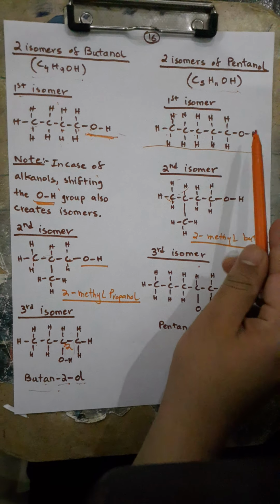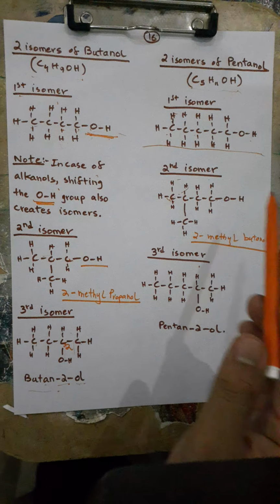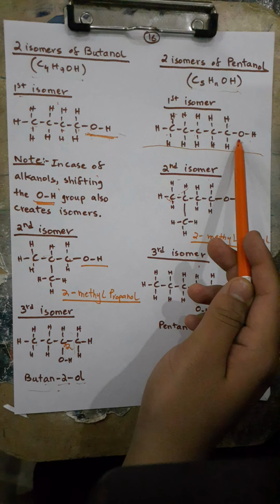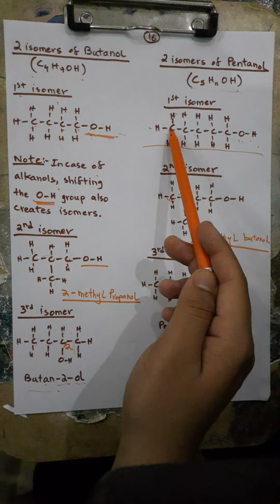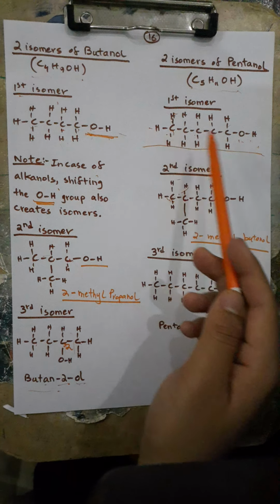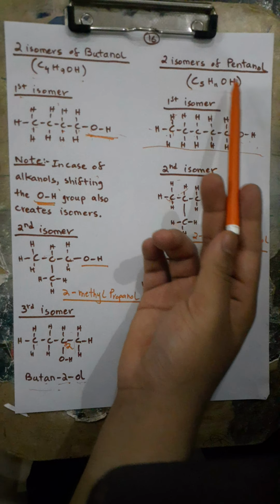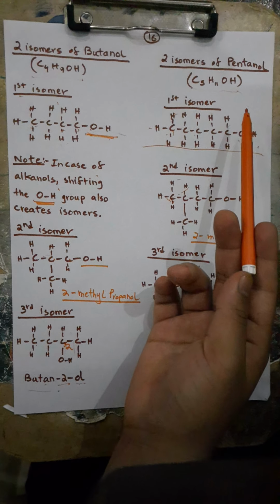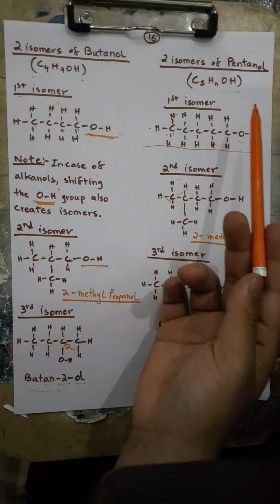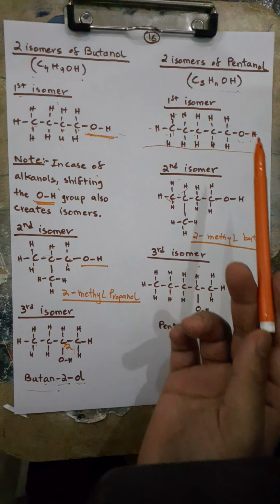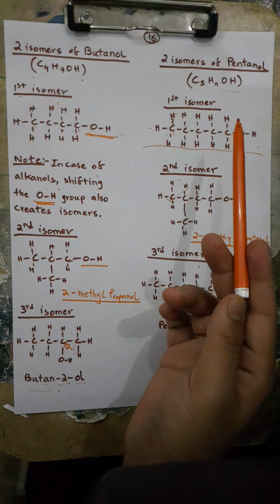And third isomer, we are gonna shift this OH group. Now why can't we shift this OH group and bring it over here, attach it to this carbon atom? Because it would be the same in both cases. It would be simple pentanol, pentan-1-ol.